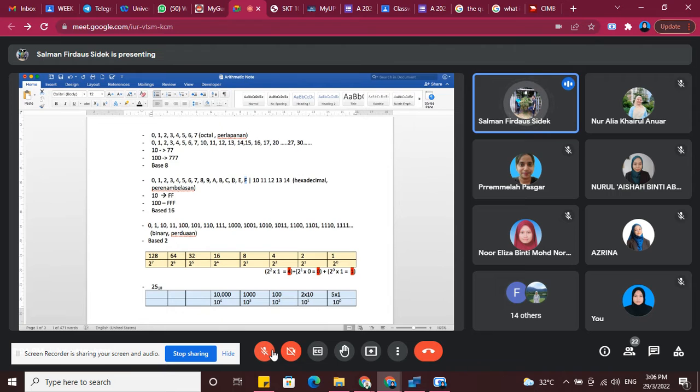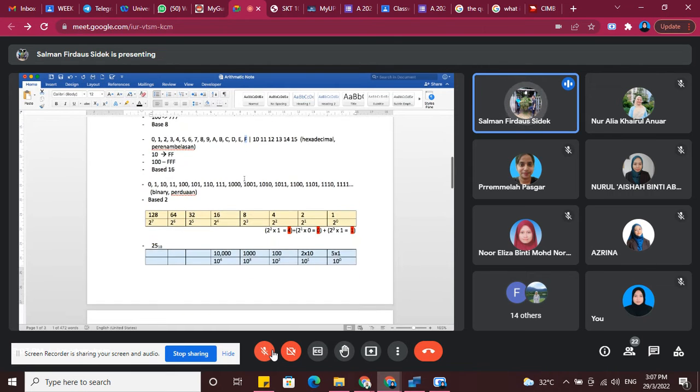That is the value, but in the sequence of numbers, 15 comes after 14. So this is the location of 15, the real 15. Do not confuse the real 15 here with the value of 15 carried by F. Jangan confuse.